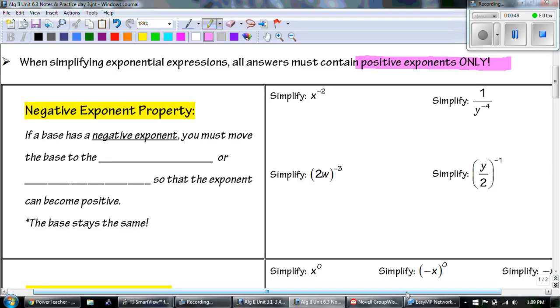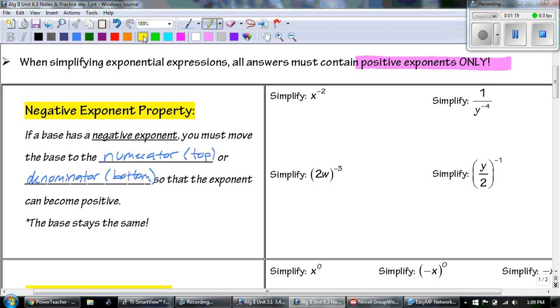Okay, so if a base has a negative exponent, you must move the base to the numerator, which is the top, or the denominator, which is the bottom, so that the exponent becomes positive.